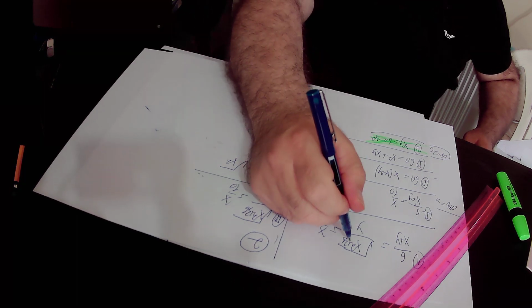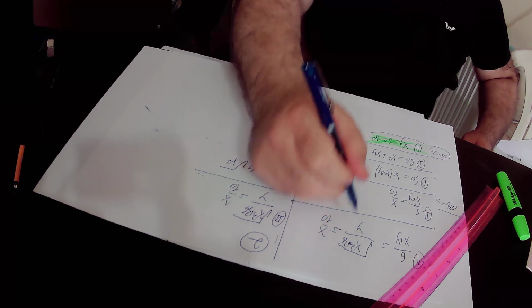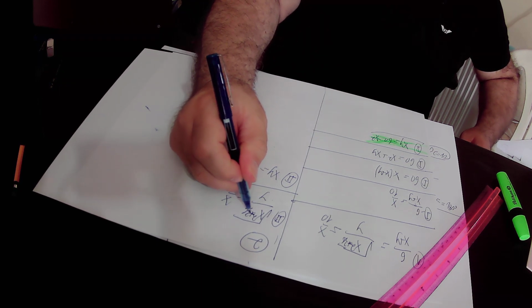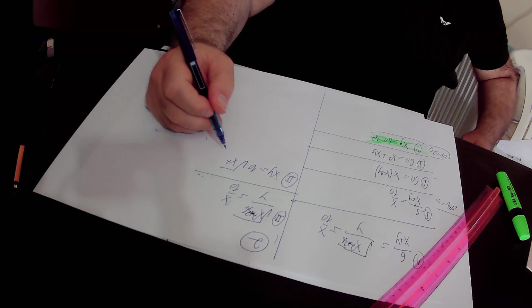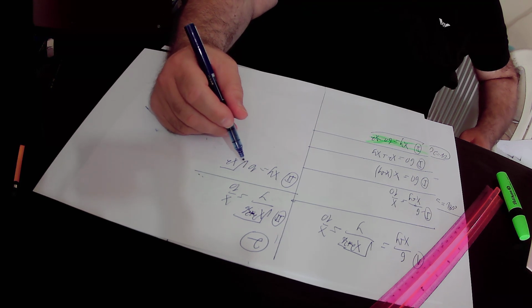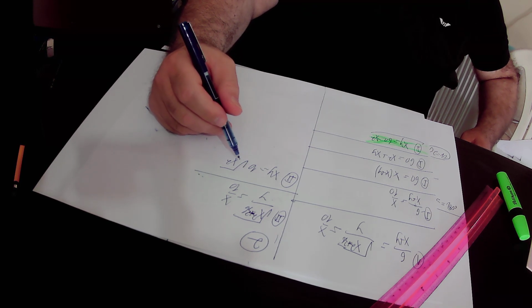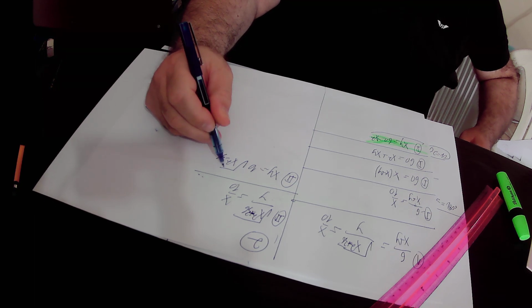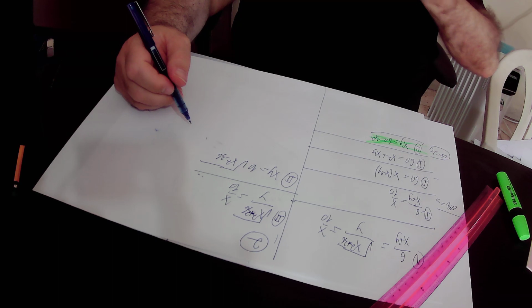So actually it is X squared minus 36. Here also it is X squared minus 36. So here XY equals 10 times the square root of X squared minus 36.